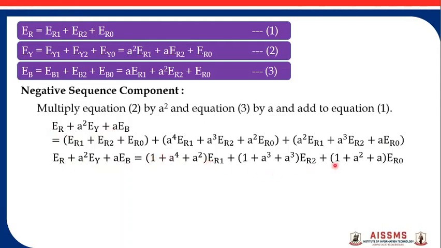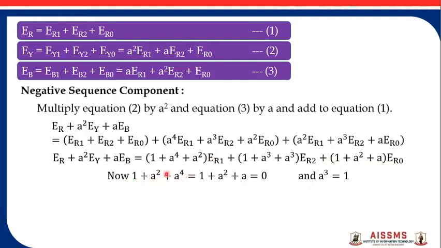So E_R1, E_R2 and E_R0 we are considering as common. So coefficient of E_R1 will become 1 plus a raised to 4 plus a square. Coefficient of E_R2 is 1 plus a cube, and the coefficient of E_R0 is 1 plus a square plus a. So again we are using the same formula, that is properties of the operator a, that is a raised to 4 will be a.